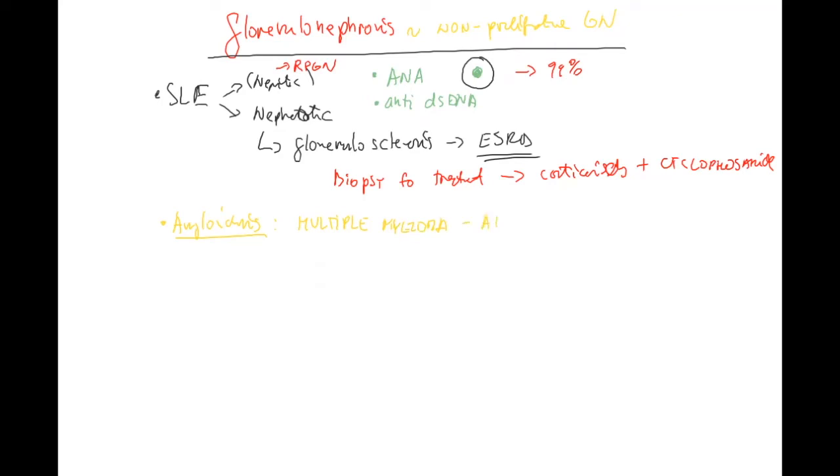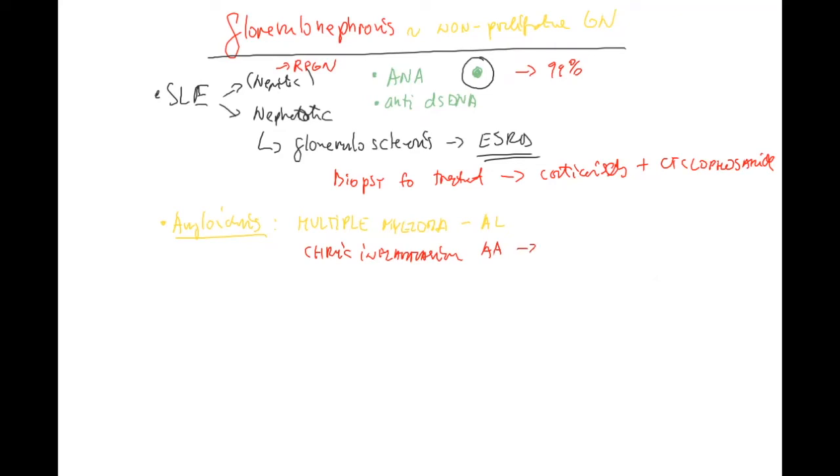So AL amyloidosis, but of course any chronic inflammation can cause the other type, AA amyloidosis. So basically rheumatoid arthritis or inflammatory bowel diseases or any kind of chronic disease can cause amyloidosis, and that's why the amyloid will be stored very likely in the kidneys, and that's why you're going to have nephrotic syndrome with amyloidosis.